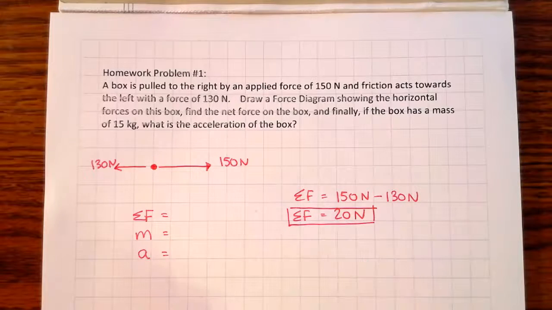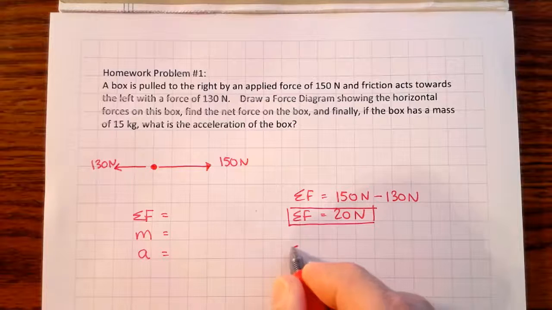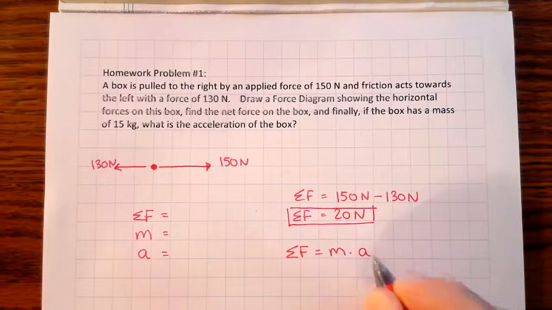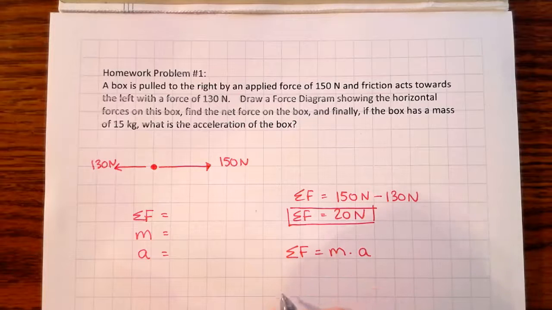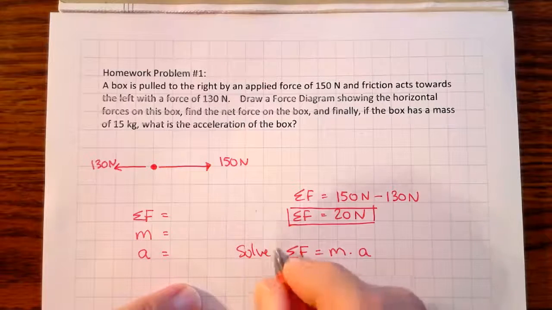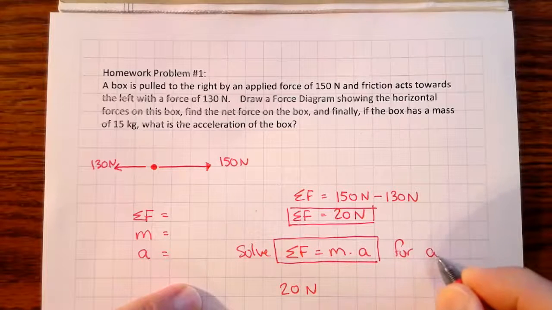And then the second question says, what is the acceleration? So now we have to use Newton's law. Newton's law says that the unbalanced force equals the mass times the acceleration. The unbalanced force is 20 newtons. So we are going to solve this equation for the acceleration.